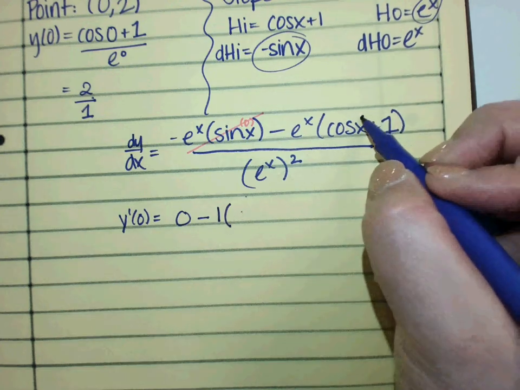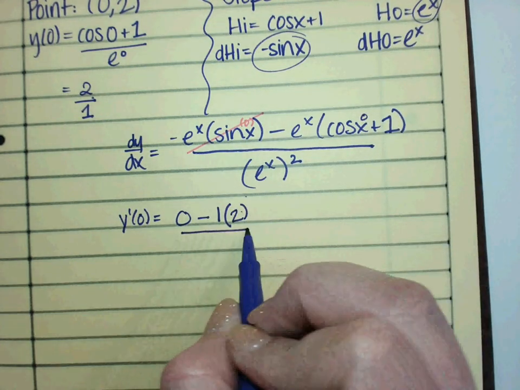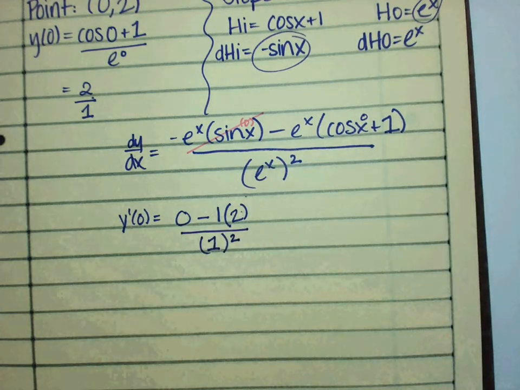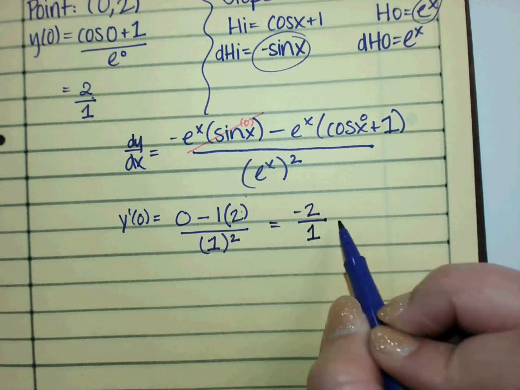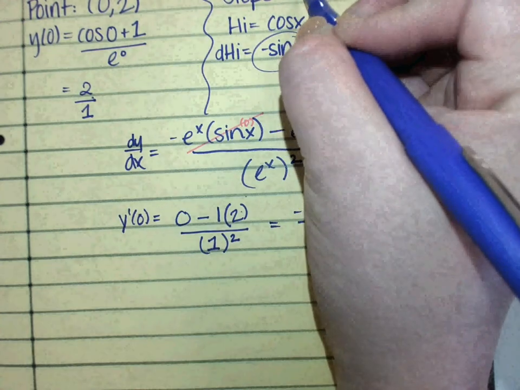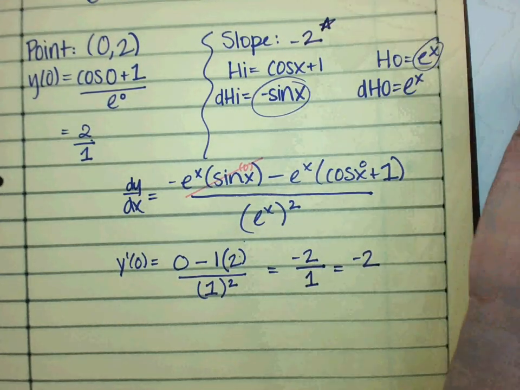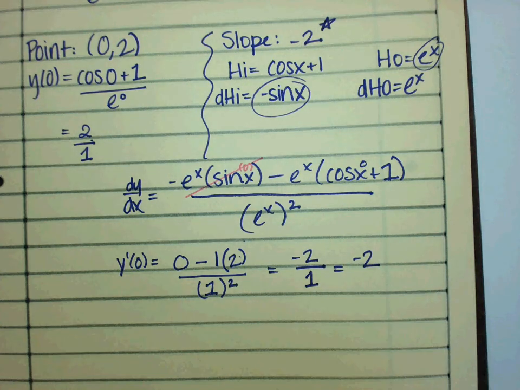Then what's cosine 0 plus 1? 2. Over e to the 0 on bottom is a 1, quantity squared. So my fraction on the top is a negative 1 times 2. That's a negative 2. 1 squared on bottom is a 1, so my slope is negative 2. So fill your slope in right here, then we're ready to write our equation of our tangent line. So it would be y minus 2.